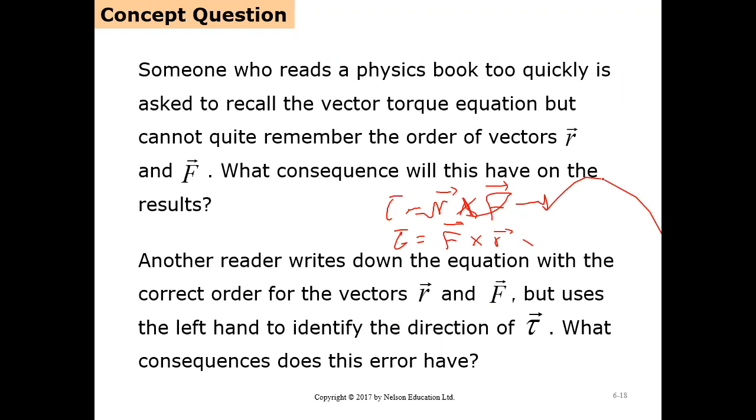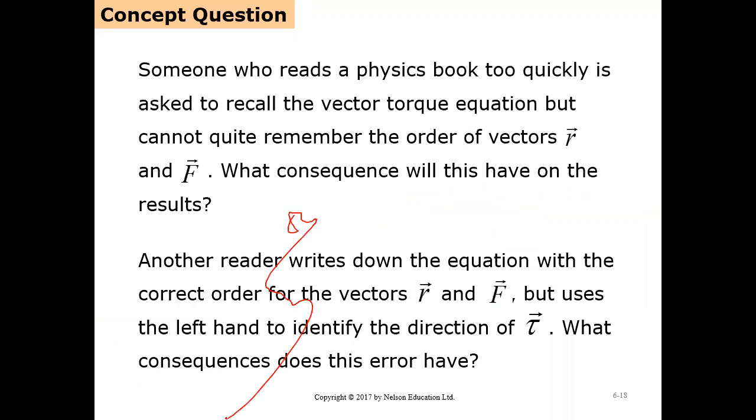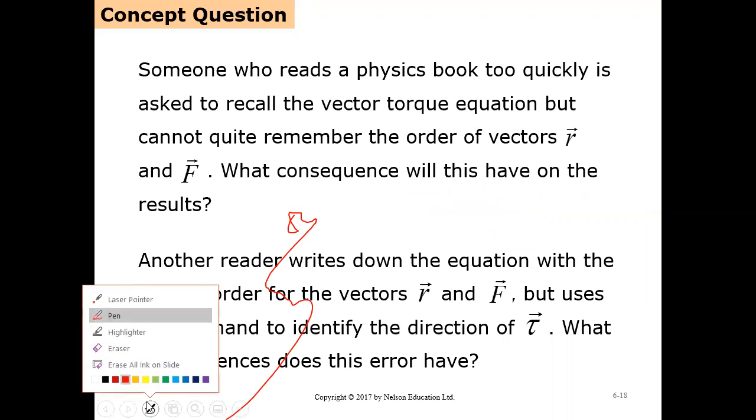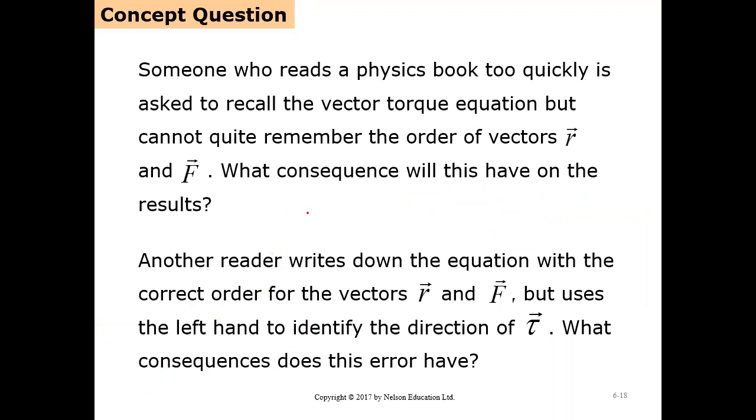But suppose you forgot the order and you wrote the torque to be equal to F first and then R. Is it correct?